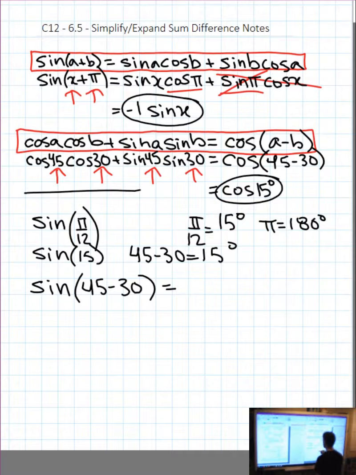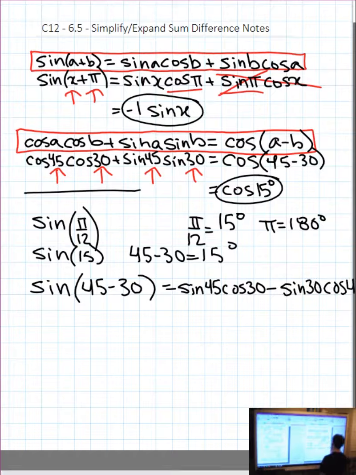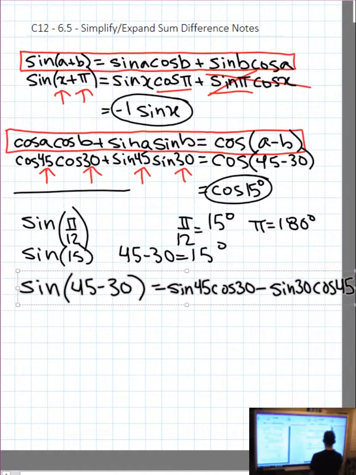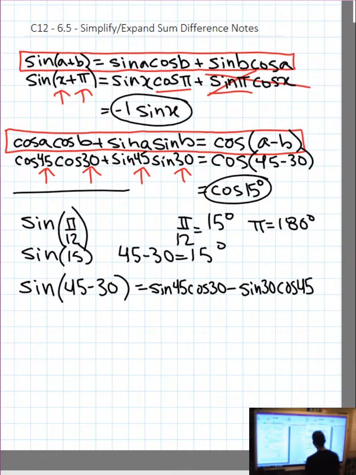So I'm simply going to have sine 45, cos 30, same sign, switch it, sine 30, cos 45. I've run off the page. I'm going to shrink this a little bit so everyone can see it. And there it is, that expansion.